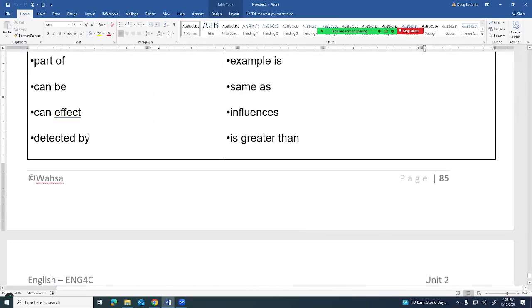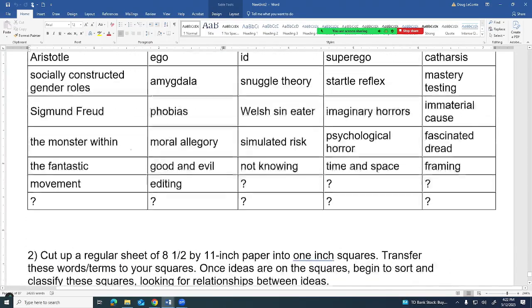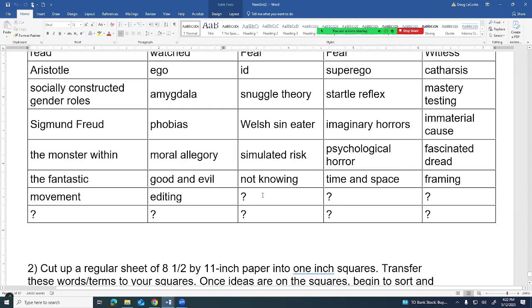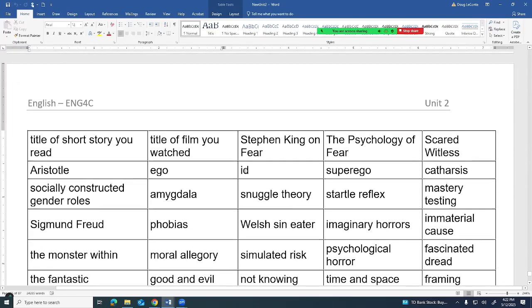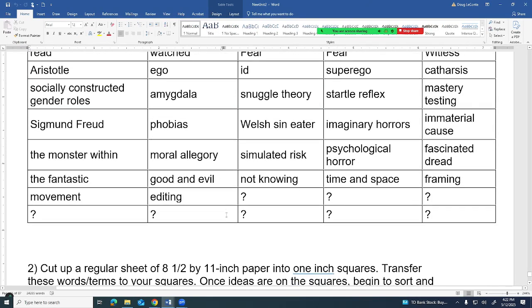"Detected by." Hmm. What is detected by? Phobias are detected by psychologists, right? Let's see. The monster within is detected by psychological horror.